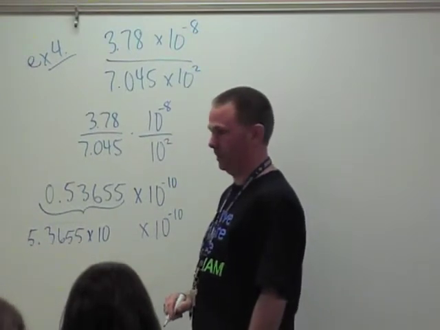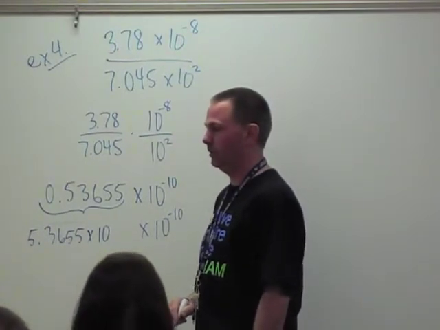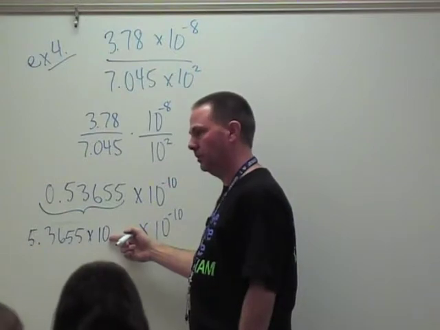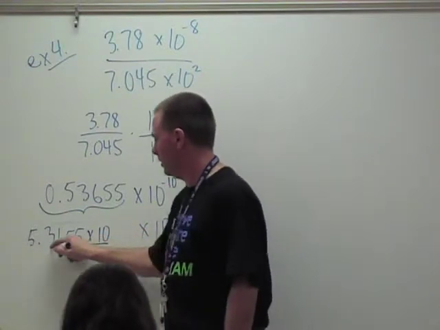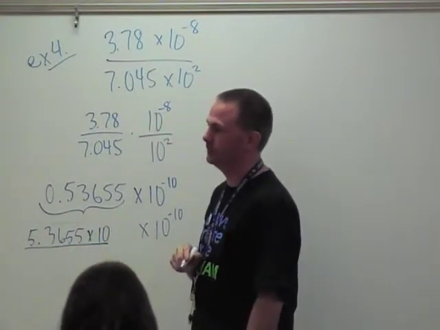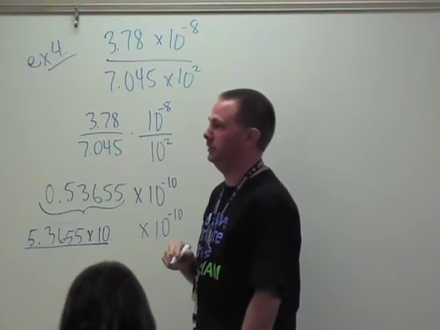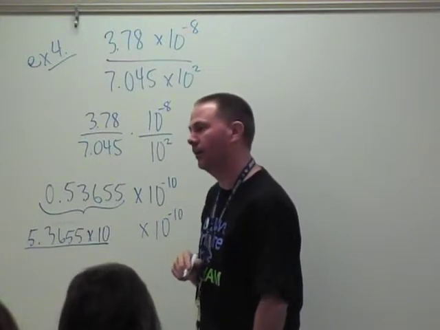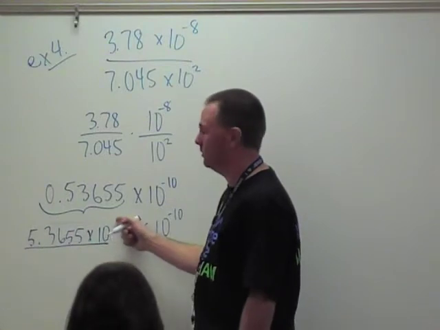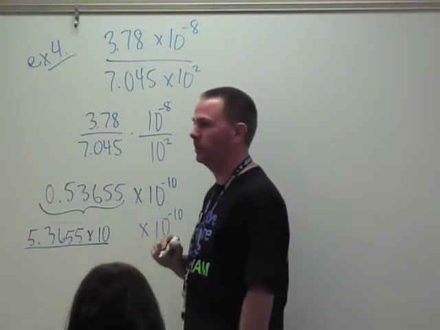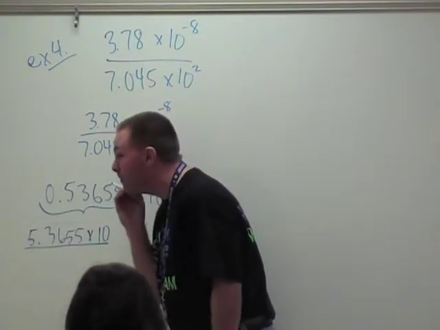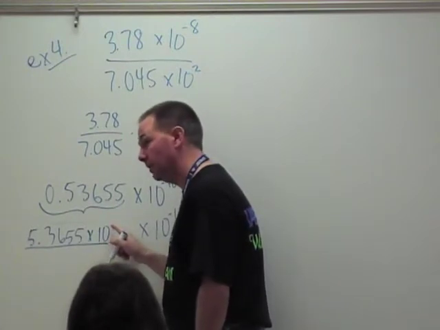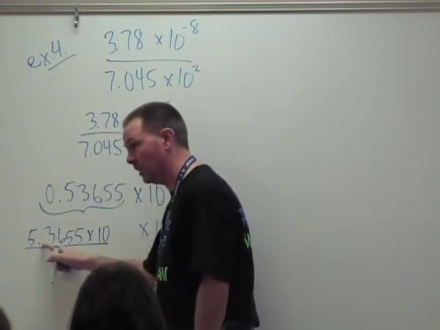All right. Are we done? No. Is this number right here the same as that number? No. Why? First of all, you didn't tell me what this exponent needs to be. Now, this exponent, this one right here, affects this decimal.